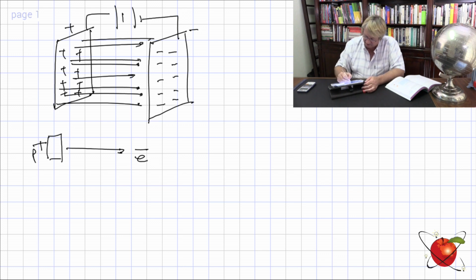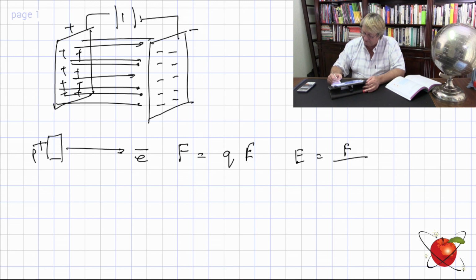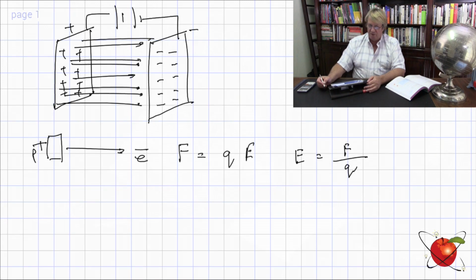Well, let's write that down. F equals QE, which if I rearrange it, E is equal to F over Q.